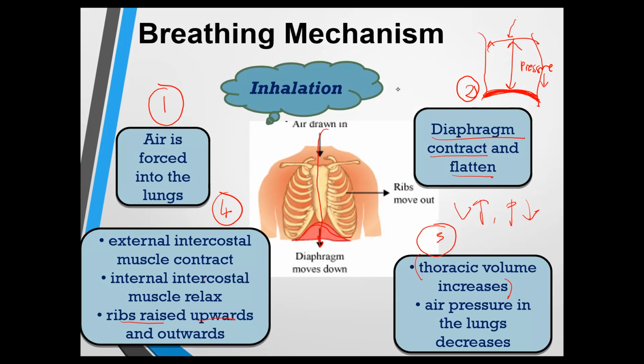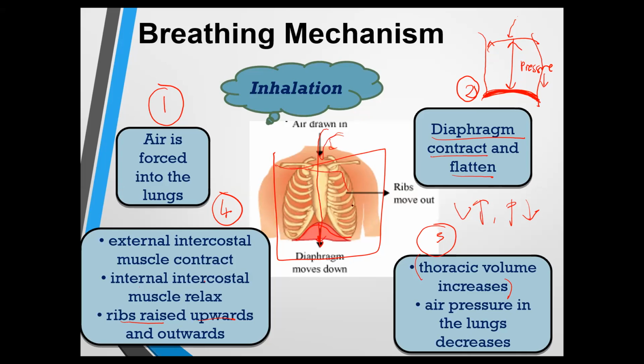What is thoracic volume? This area here is called your thorax. The area where you have your diaphragm, this whole thing is called your thorax. So when air comes in into your lungs, into your body here, your diaphragm goes down.